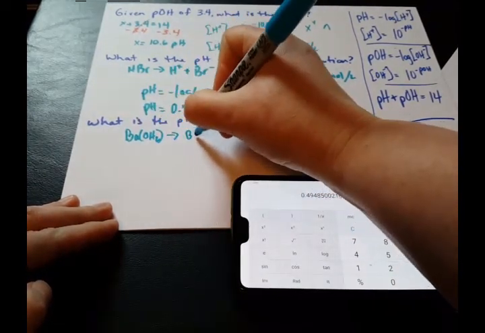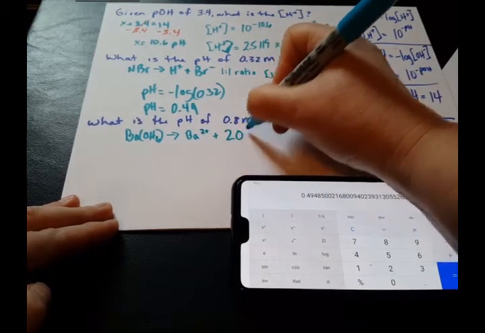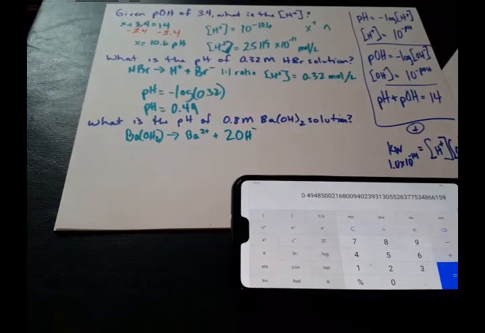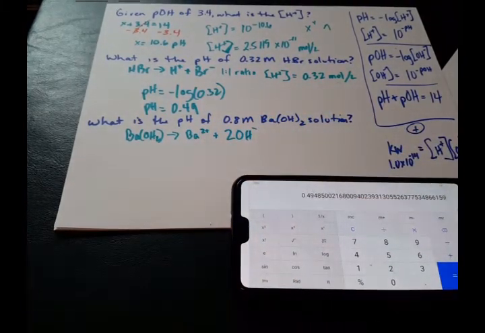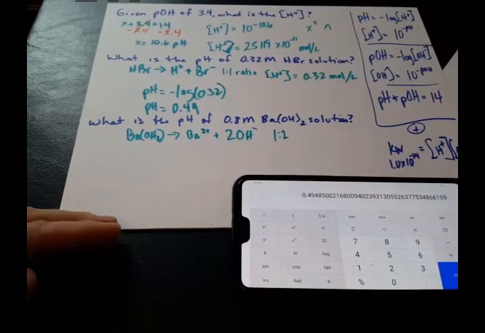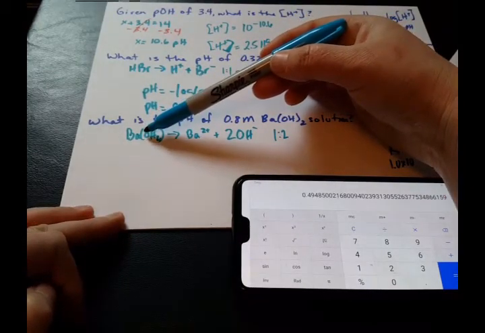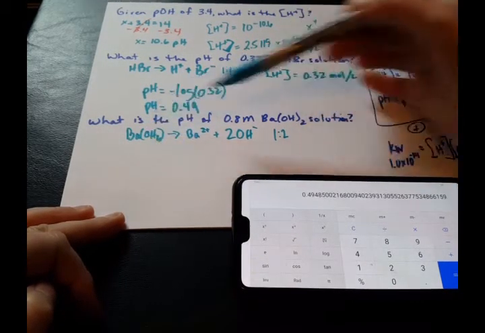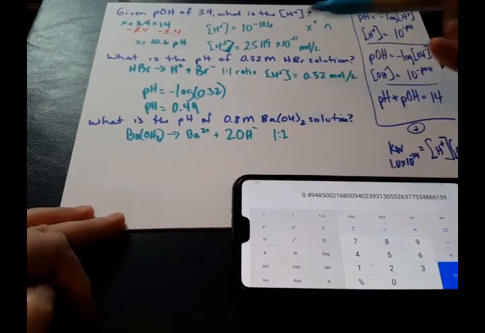So now that guy, when it is in solution, will look like this. It will dissociate into the barium ion and the hydroxide ion, but there's going to be two. So it's a 1-to-2 ratio. So for every one particle of barium hydroxide, we actually double our hydroxide output.